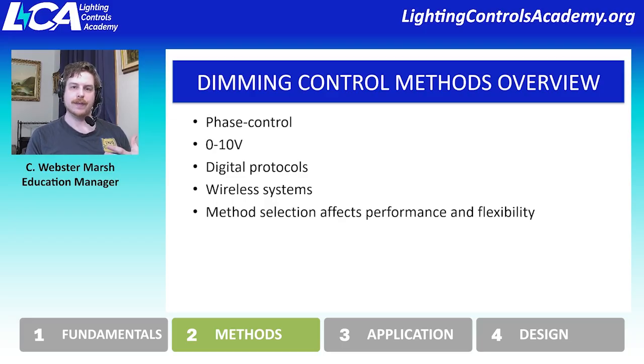Digital protocols were even more advanced and have even wider ranges typically of where we can dim to, and we might have elevated capabilities. And then wireless systems alongside digital systems as well have that robust communication capability.